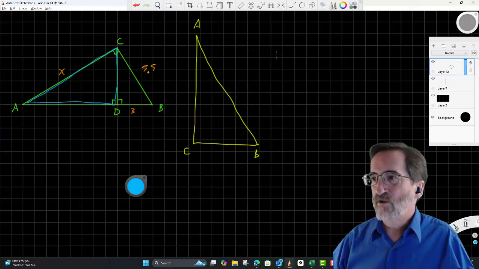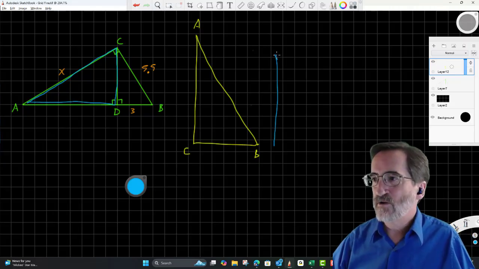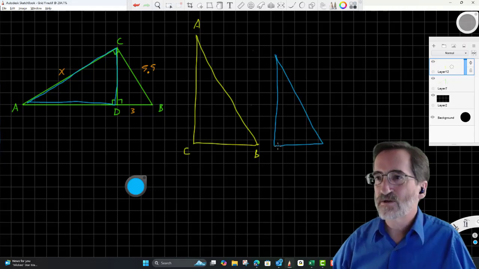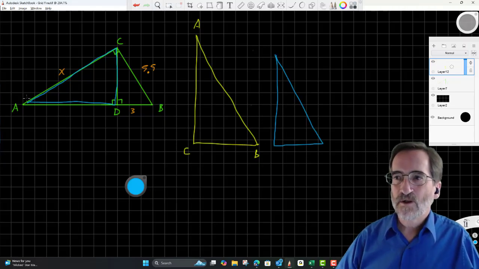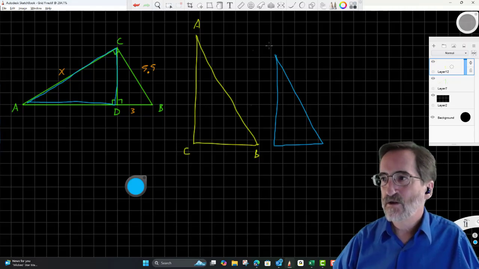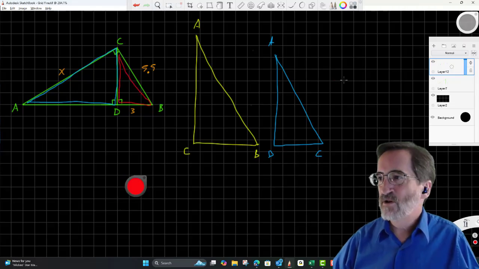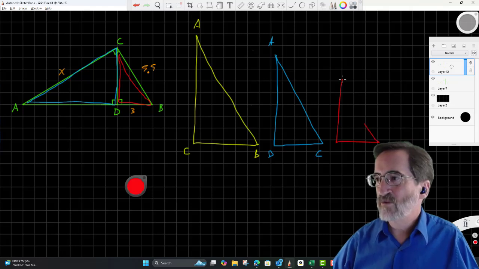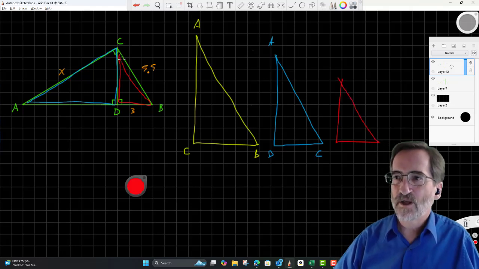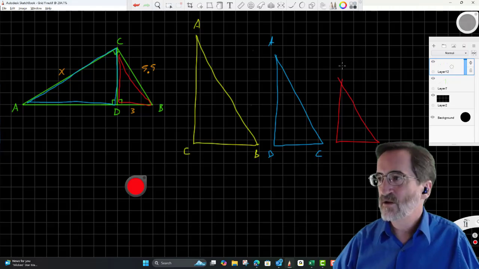We'll draw it right here in the same orientation so we can clearly see how things are. Small angle, right angle, medium angle, ADC. And then the small triangle: small angle, right angle, medium angle, CDB.